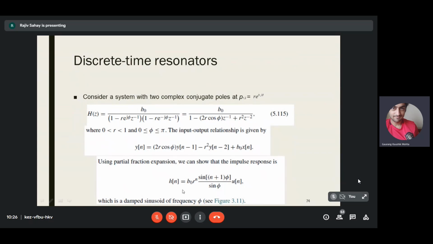Because we are talking about complex conjugate poles inside the unit circle, the system is stable. So the impulse response will be a damped sinusoid of frequency phi. So this is a discrete time resonator built with two complex conjugate poles.